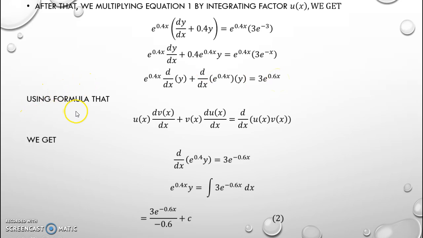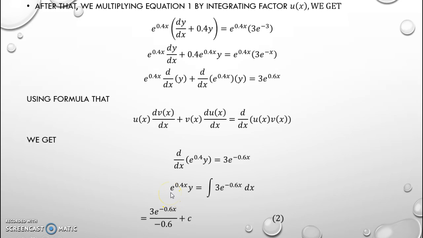So we use the formula that u(x) dv over dx plus v(x) du over dx equal to d over dx of u(x) v(x). Then we get d over dx of e to the power of 0.4x y equal to 3 e to the power of negative 0.6x.